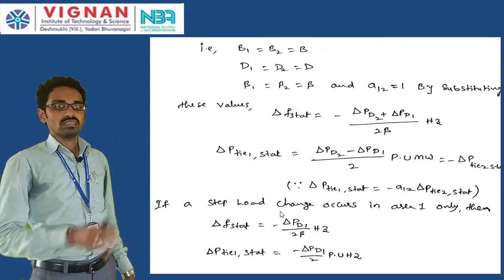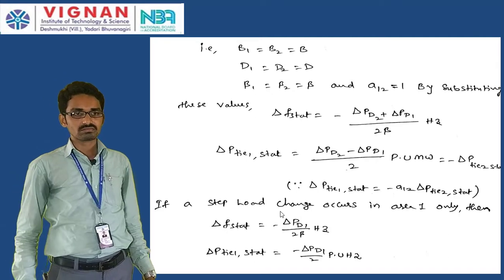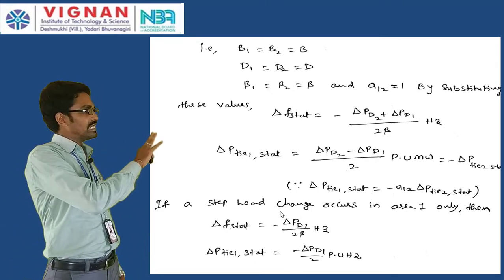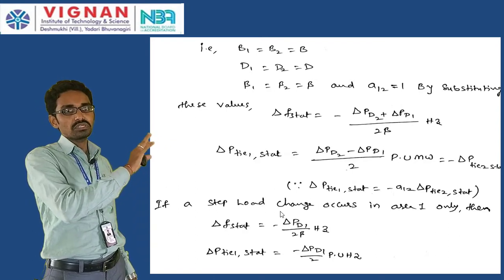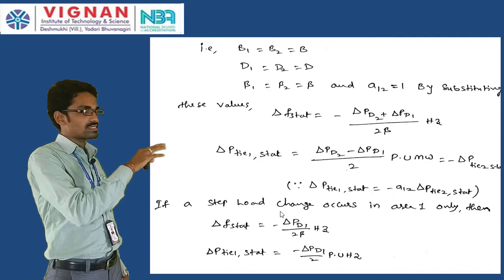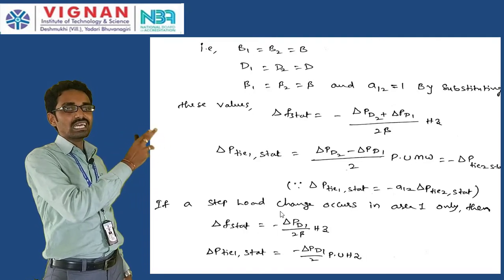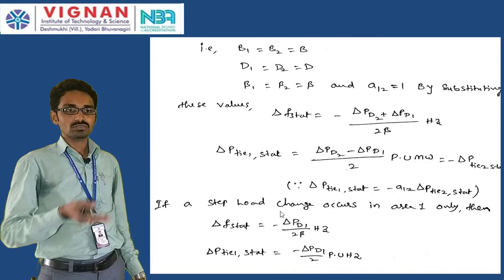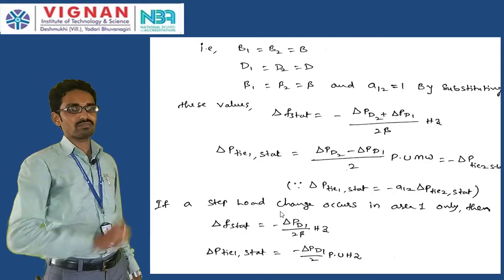So it is in the reverse, because delta P Ti1 static is equal to minus A12 into delta P Ti2 static, and A12 I have considered as 1, so delta P Ti1 static is equal to minus delta P Ti2 static.